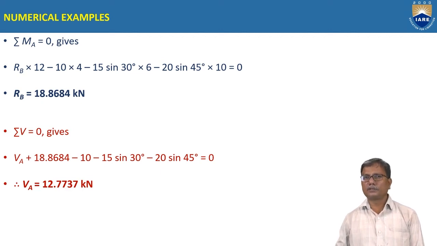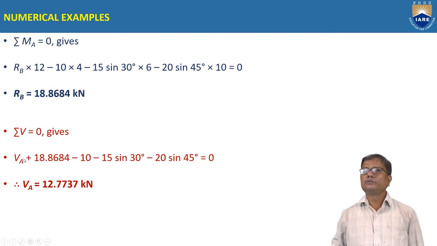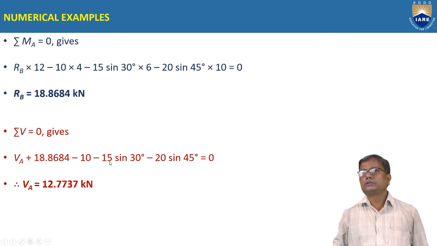That means the sum of the vertical forces is 0. So what are the vertical forces acting now? The components VA and RB, which we are calling it here. VA plus RB are upward and these are downward, so we have taken negative sum. So the algebraic sum is 0.